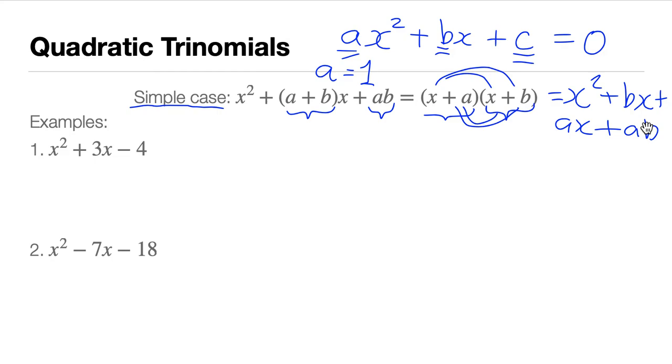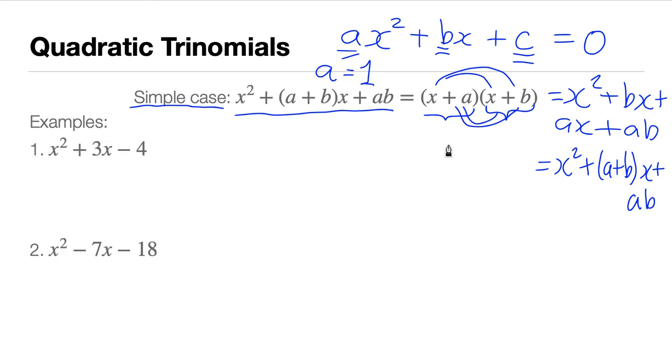Now if we simplify this, we can combine the bx and ax terms. So this will be equal to x squared plus (a plus b)x plus ab, which is exactly this one.